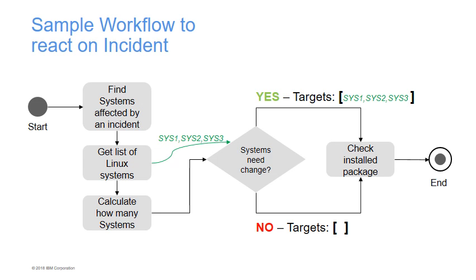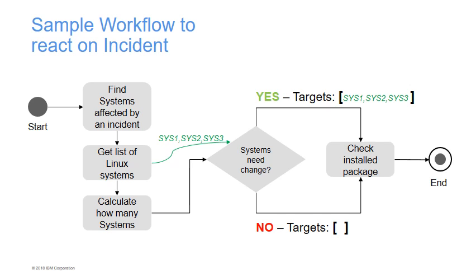This shows a sample workflow to react on an incident, where you see different boxes representing automations to be taken out to find, in this example, systems affected by any kind of incident. Other automations in this workflow are being used to prepare the output of the first automation, which does the actual finding of affected systems.